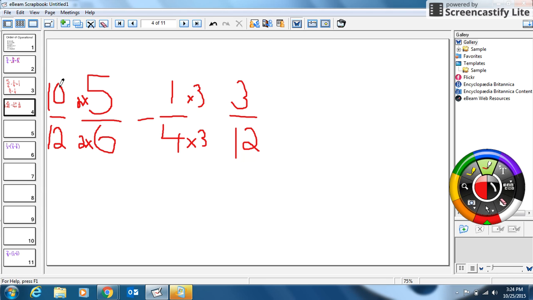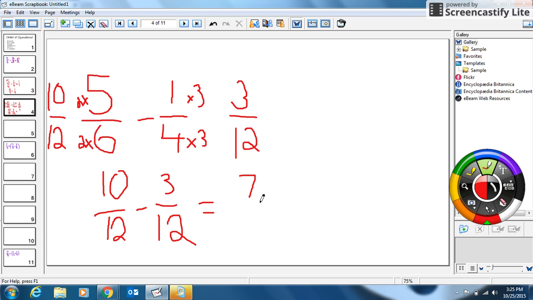So what are we asked here? We're asked for 10/12 subtract 3/12. Now we know that in subtracting fractions, subtract the numerators. 10 subtract 3 is 7. And our denominators stay the same when subtracting.